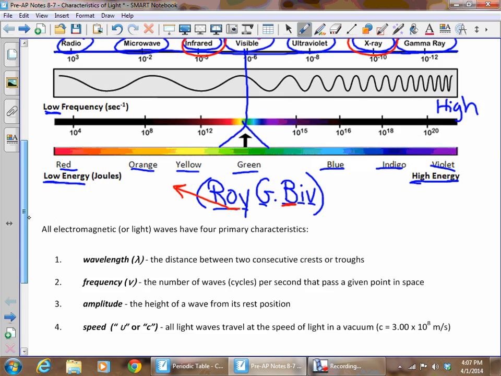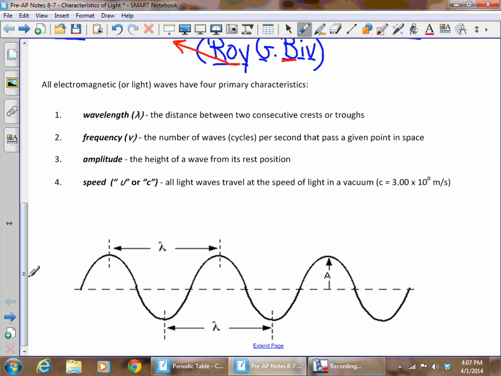I would also expect you to be able to tell me different characteristics of a typical wave. I would expect you to be able to show me the wavelength, which by the way has a symbol, the Greek letter lambda. It kind of looks like an upside down Y when you write it handwritten. That wavelength goes from a crest to a crest or a trough to a trough on a particular wave.